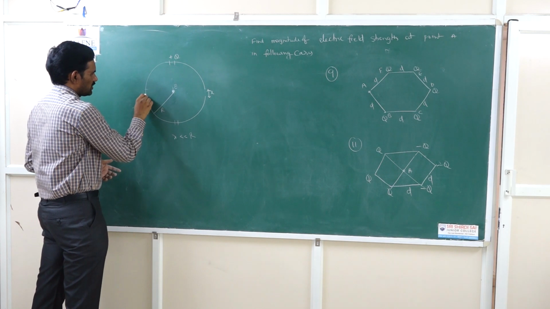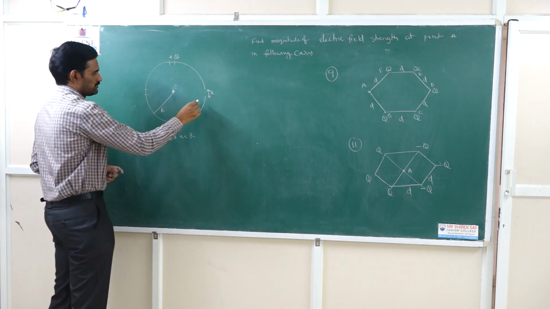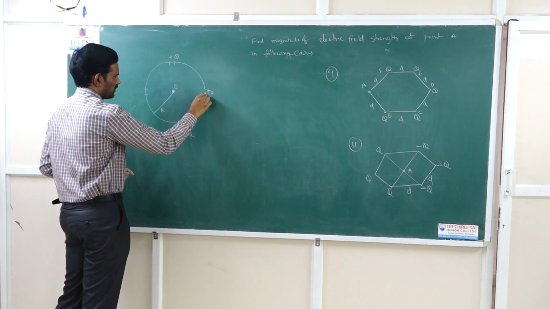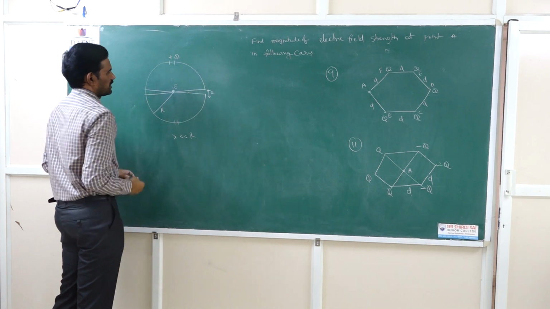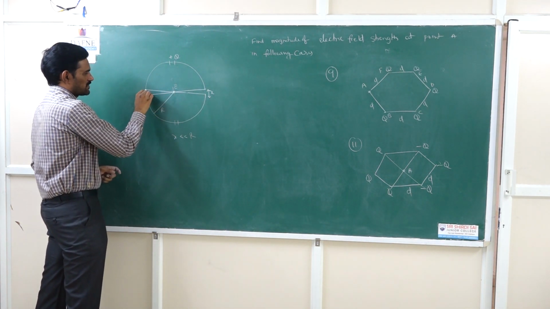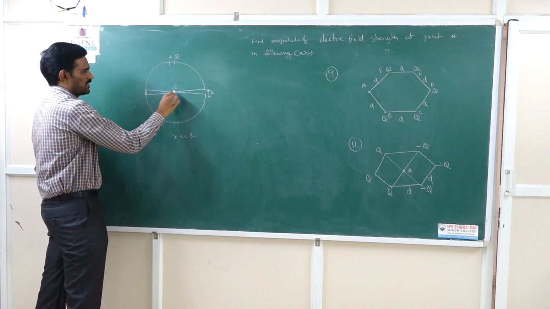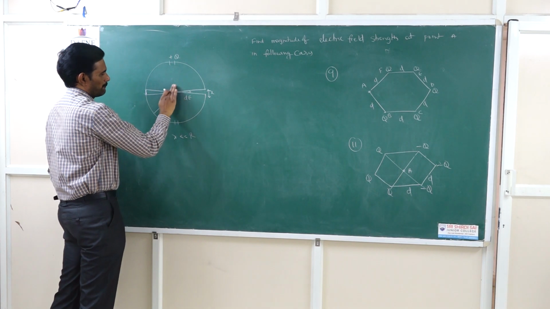But now, exactly opposite to this opening, if you consider a small element here, exactly opposite to the opening, then this element will produce an electric field along this direction, dE.